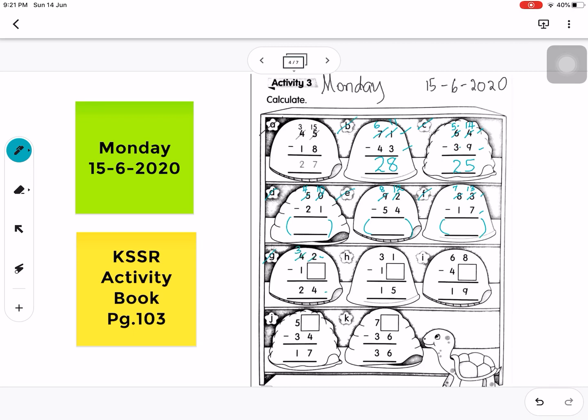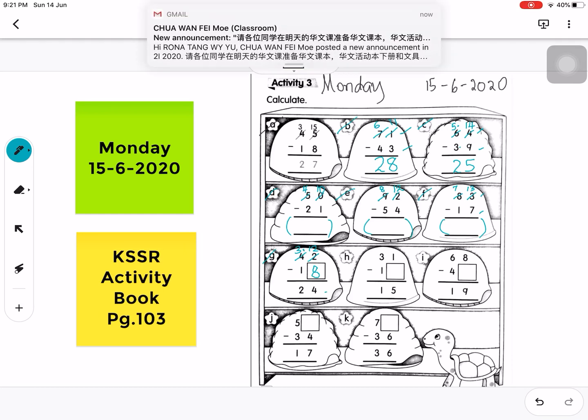And then we do regrouping. 10 plus 2, I got 12. So 12 minus 4. 12 take away 4 steps. 12, 11, 10, 9, 8. So the answer is 8. So I will have 8 here. So later 3 minus 1 is 2 left. Okay, I just confirm the answer only.